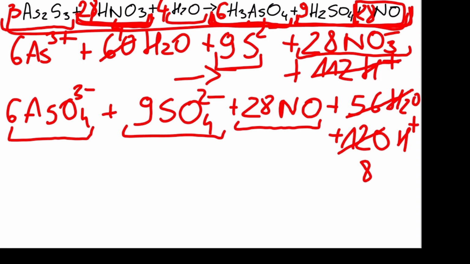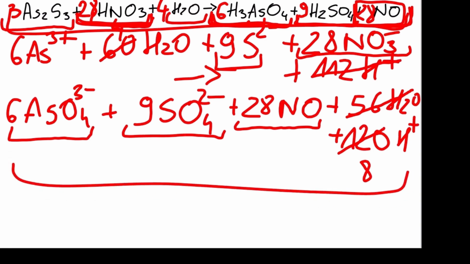So what about this? Let's look once again at this balance of the hydrogen cations, I mean in this ionic form of the reaction. Yes? On the left side, we do not have any hydrogen cations in this ionic form reaction here.